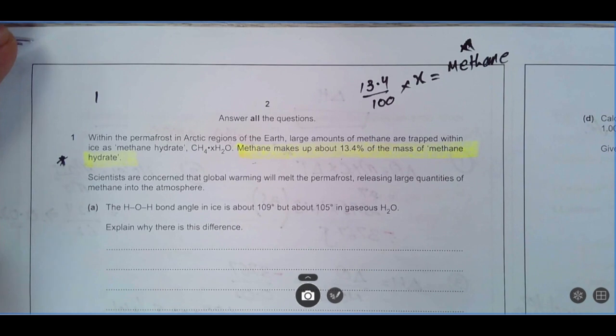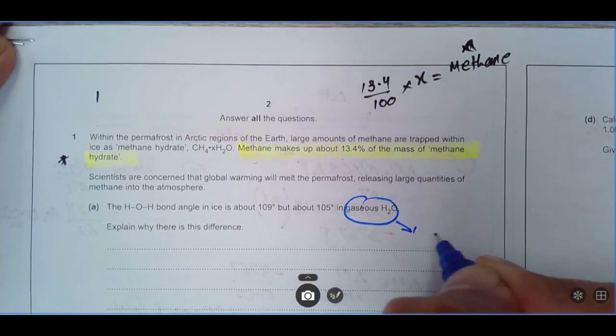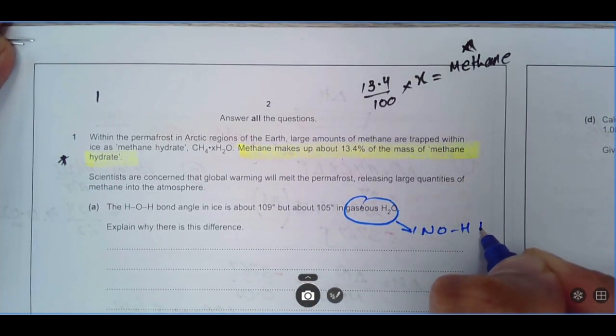Now, scientists are concerned that global warming will melt the permafrost, releasing large quantities of methane into the atmosphere. The H-O-H bond angle in ice is about 109, but about 105 in gaseous H2O. Now you have to remember they've used the word gaseous H2O. When it is gaseous H2O, there are no H bonds.